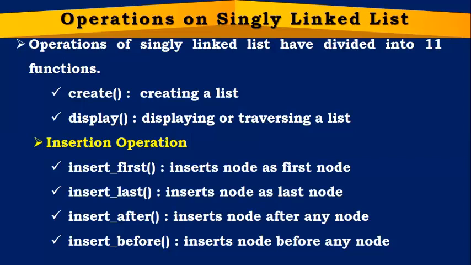The first function is insert_first, which is used to insert a node as a first node. insert_last is used to insert a node as a last node. Next, insert_after is used to insert a node after any node. insert_before is used to insert a node before any node.